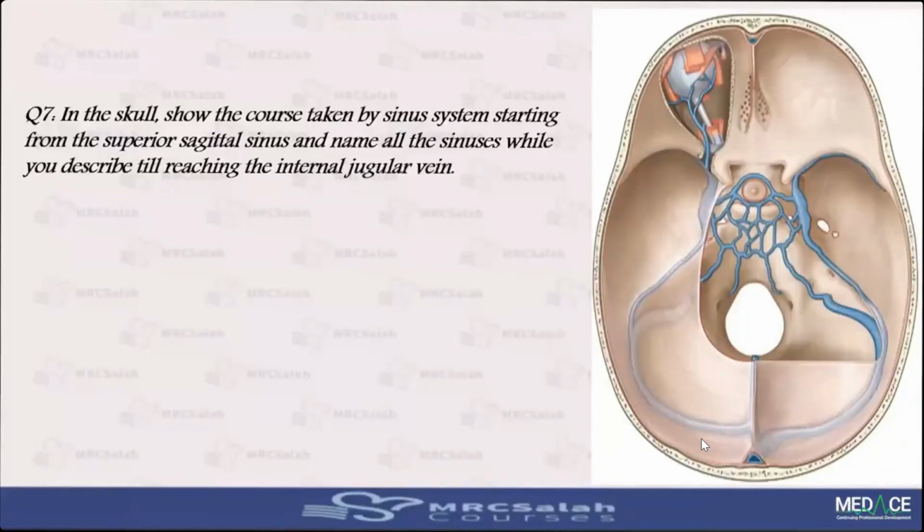How does the transverse sinus form the sigmoid sinus? How does it unite? I'm not sure. The transverse sinus joins the superior petrosal to form the sigmoid. Then what happens?